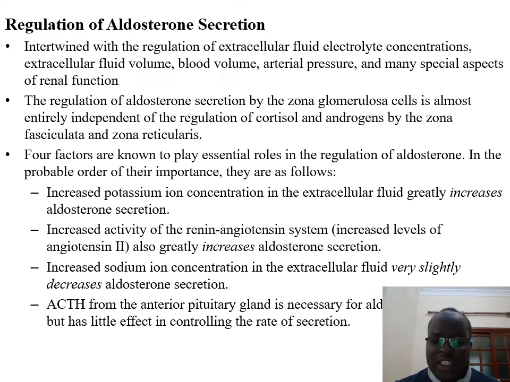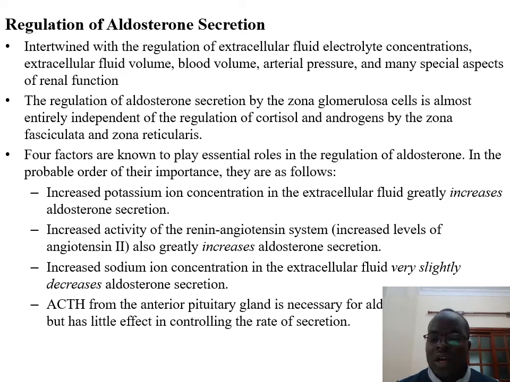An increased activity of the renin-angiotensin system, increased levels of angiotensin 2, also greatly increases aldosterone secretion. We all know that renin is going to be secreted by the kidneys when blood pressure is reduced, and that renin is going to convert the angiotensinogen into angiotensin 1. The angiotensinogen is produced by the liver cells.